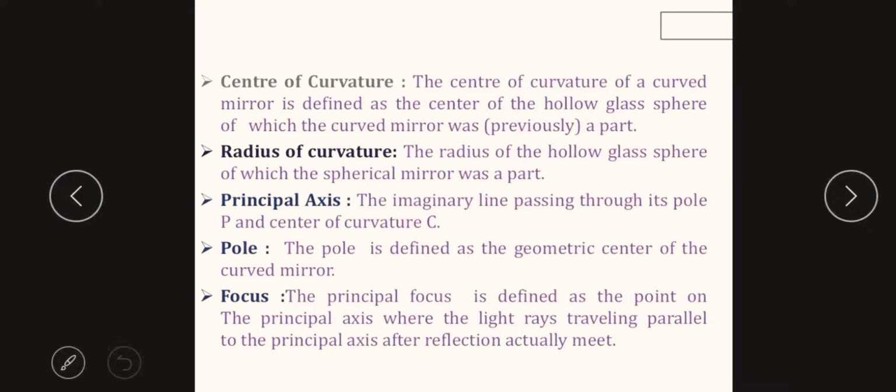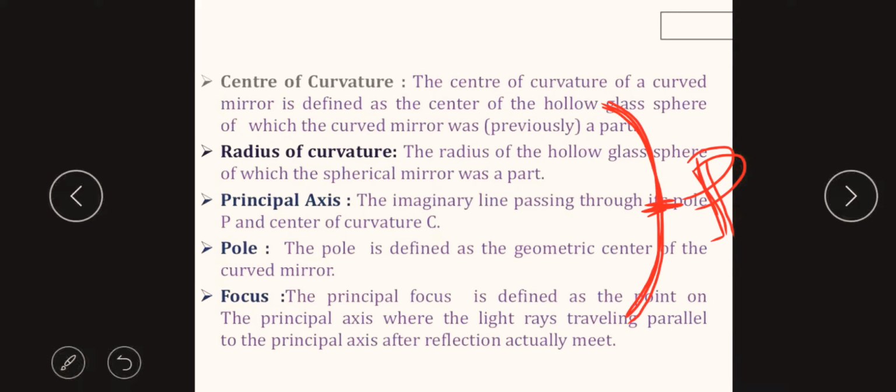If you consider this a mirror, the geometric center of this mirror is what we call the pole.